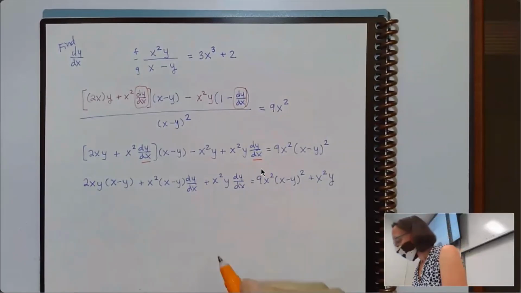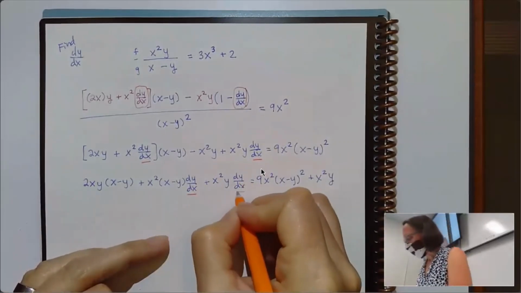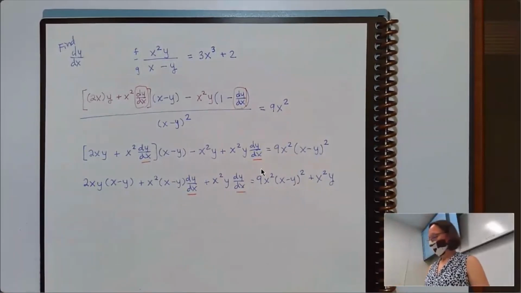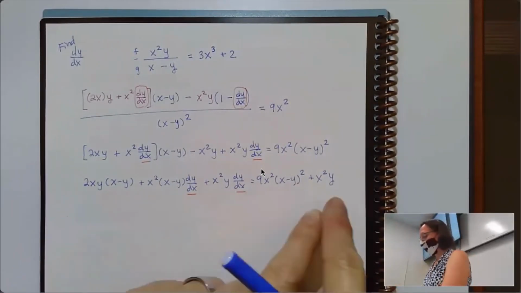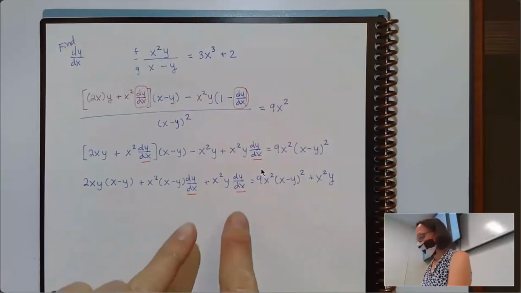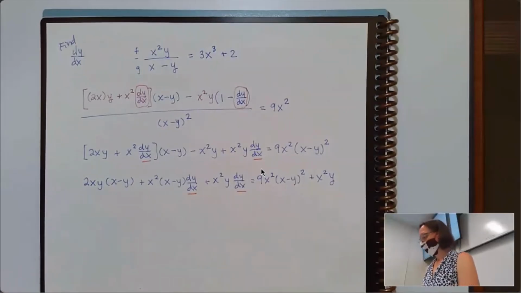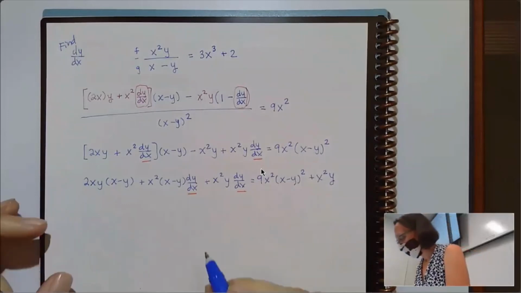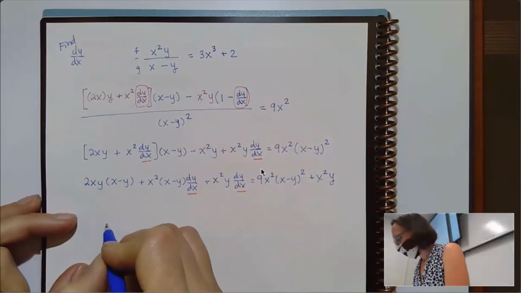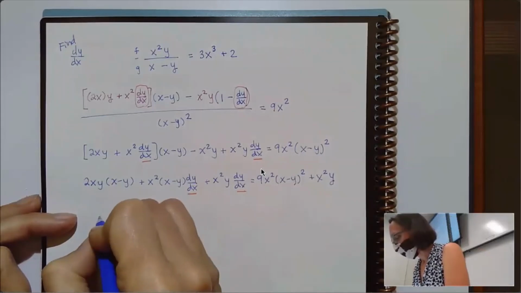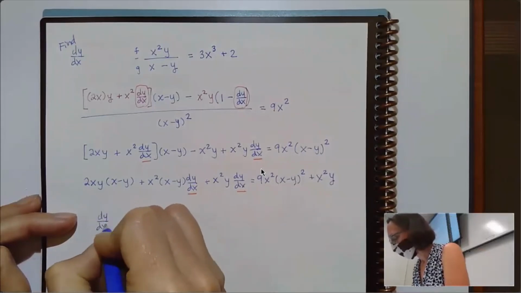Again, these are the parts I'm trying to get by themselves. I'm going to subtract this whole thing over, factor out my dy/dx, divide by the stuff that's left. Can I do those three things at once? Maybe. Let's see. I'm going to do two steps. So I'm going to factor out the dy/dx.